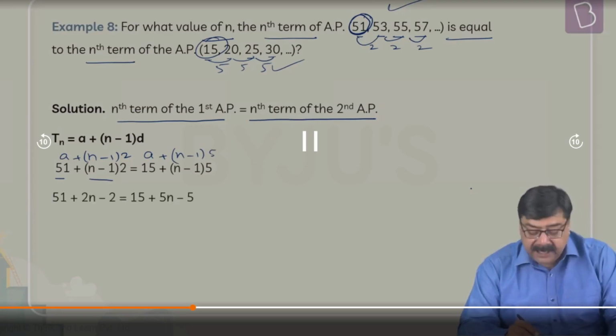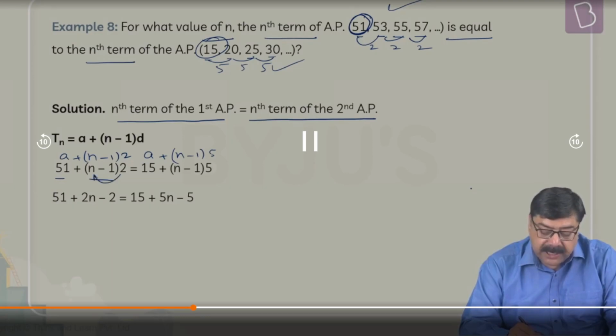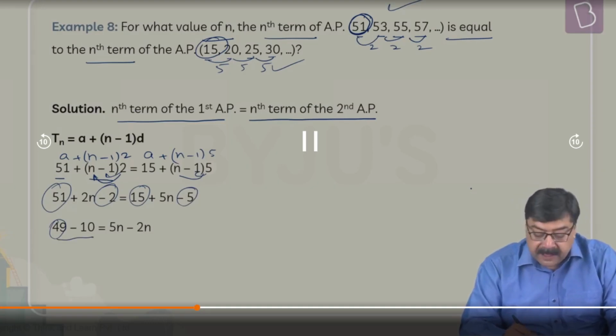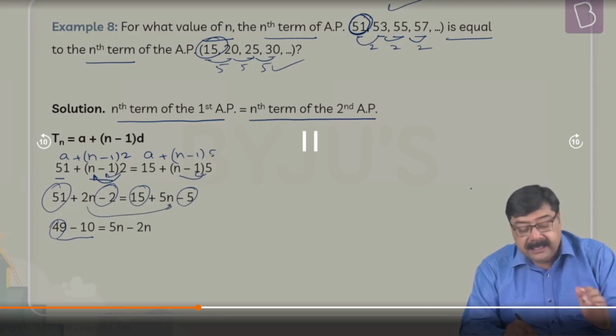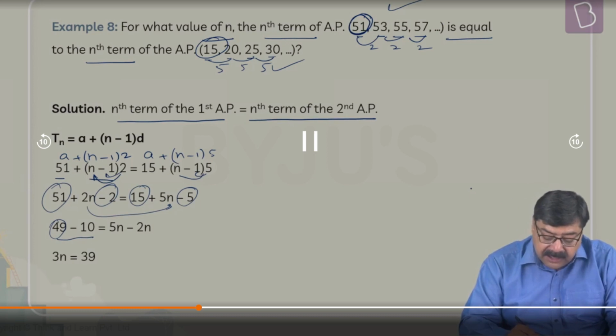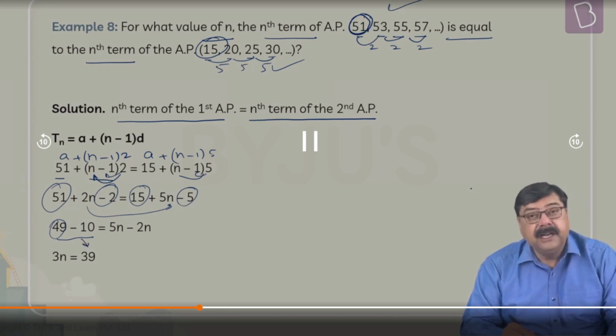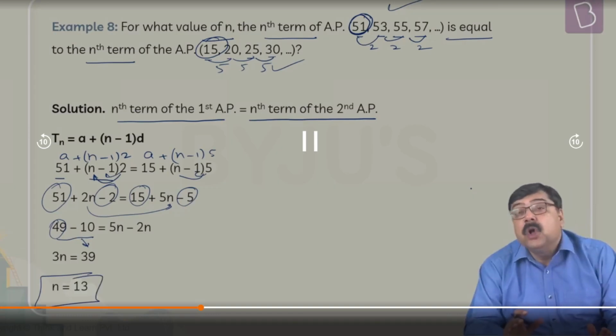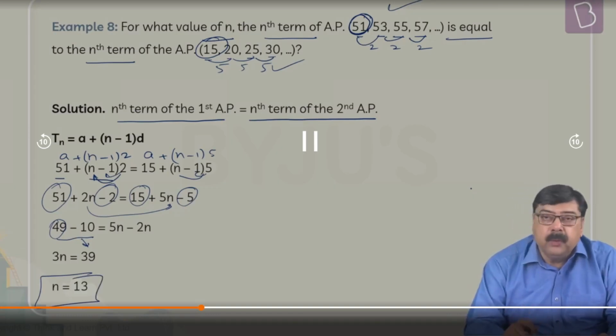Now solving this, we get 51 plus 2n minus 2 and 15 plus 5n minus 5. 51 minus 2 is 49. 15 minus 5 is 10. So we carry that 10 to the left hand side to get 49 minus 10. And 5n minus 2n, which we bring to the right hand side, shall give us 3n, which is equal to 39. So hence the value of n here is 13. So the 13th terms of both the APs will be equal.